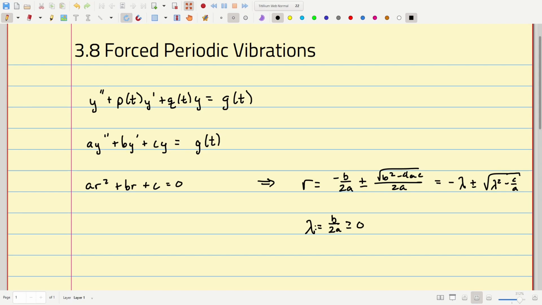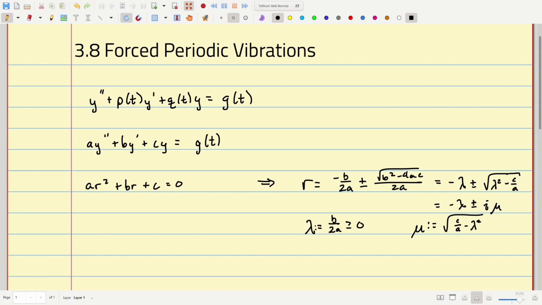And if we further define mu to be equal to that radical, with a sign change underneath the square root, then we end up with the roots of our characteristic equation being negative lambda plus or minus i times mu.